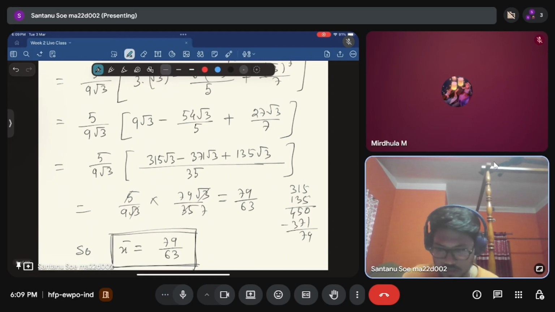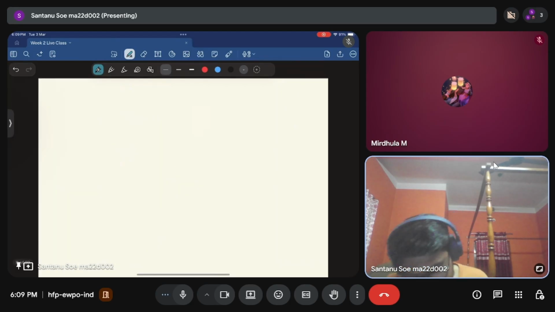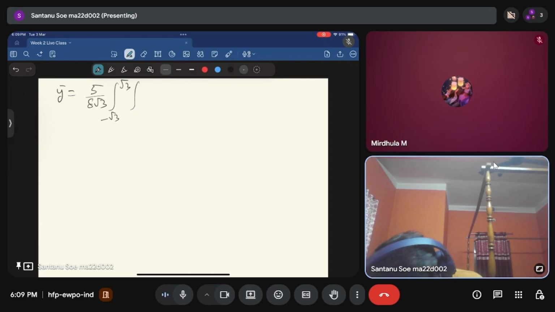Okay, so now we're going to calculate again the y coordinate. So this is going to be our y bar, and we know the formula for y bar. So this is 5 divided by 8 root 3, the integral from minus root 3 to root 3 of y times rho of xy, which is y square, and then dx dy.